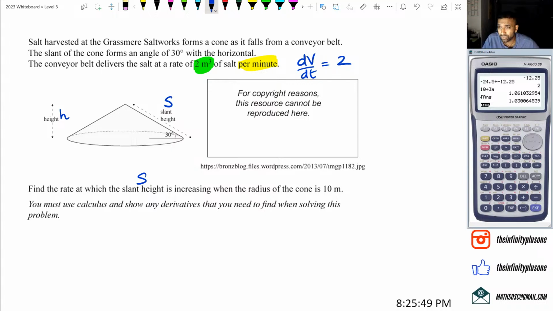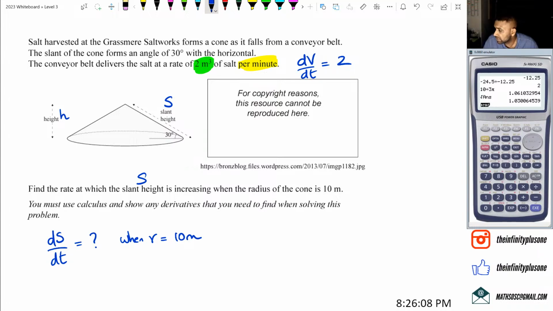So they're asking for the rate at which the slant height is increasing. So the question is actually asking for dS/dt when r is equal to 10 meters.